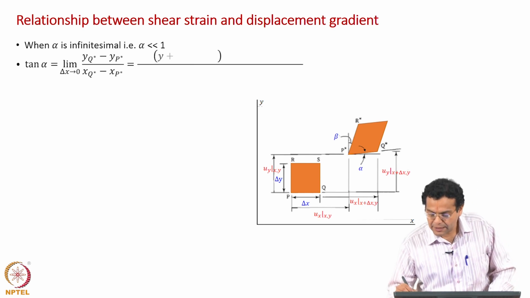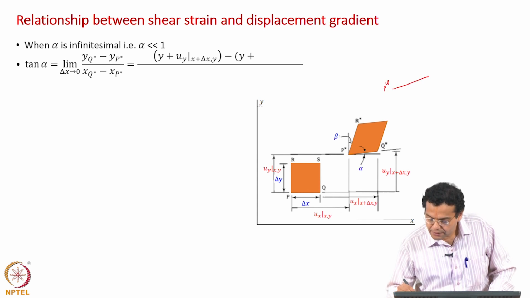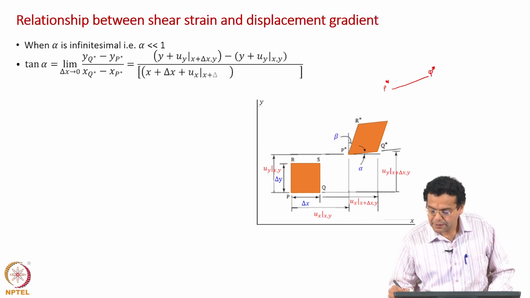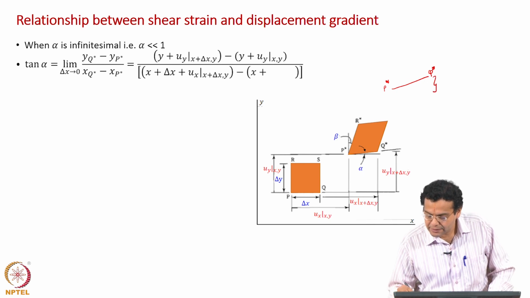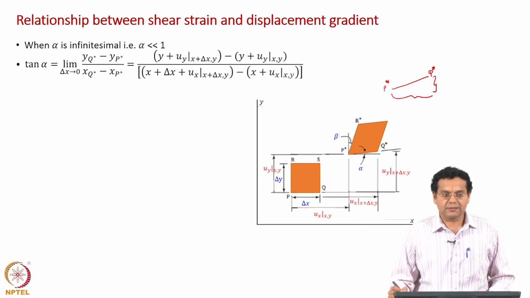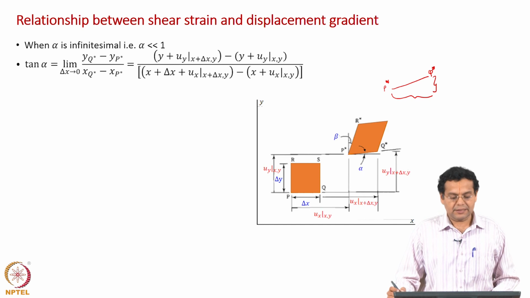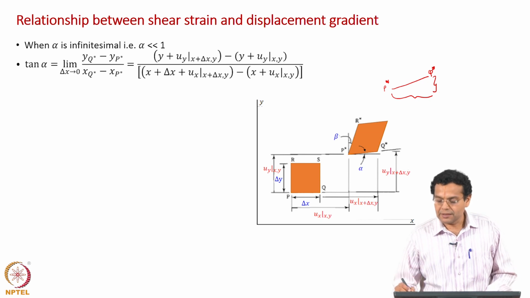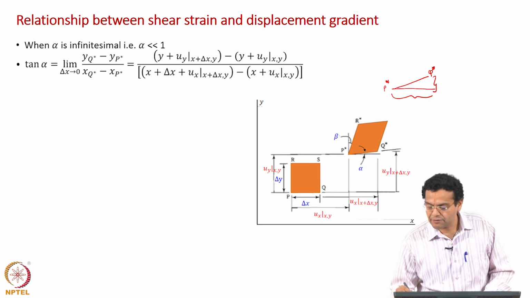So, let me draw that, P star and then Q star. So, this length by this length, opposite side by adjacent side. How do you write it? The difference in y coordinate by the difference in x coordinate. Very well known to us, tan alpha, and this is our alpha, this is our alpha.